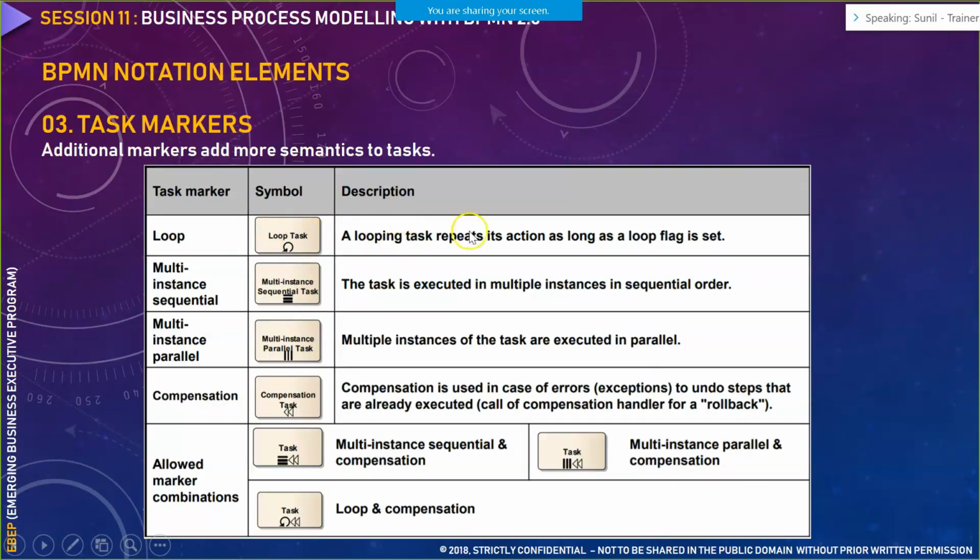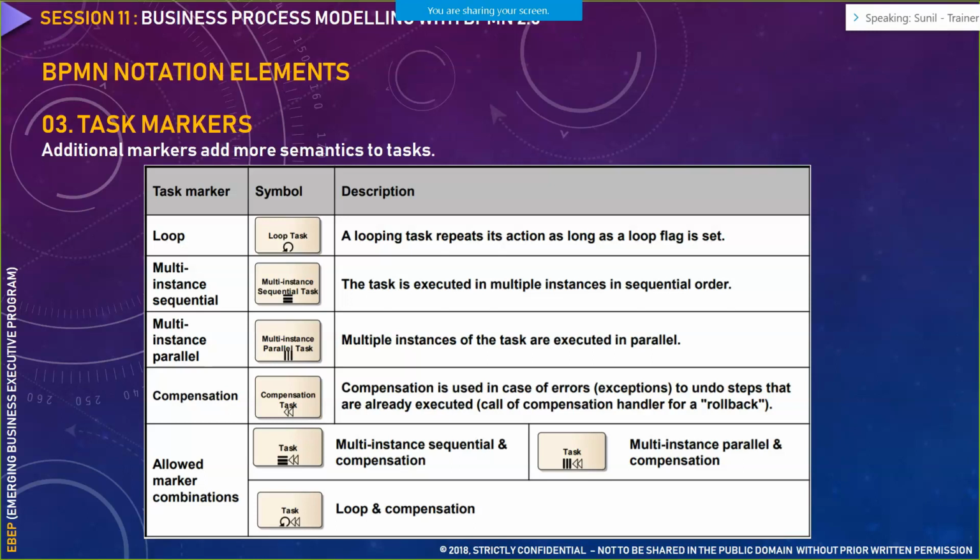Then comes loop task. A loop task repeats its action as long as the loop flag is set. So there could be a situation like we saw in an example wherein a hotel booking request has been sent to a chain of hotels. Then the hotel server started searching for that particular hotel, and if that request was not served by the hotel located nearby, it transferred that request to some other hotel which is a little bit farther than the location that the user has requested, but typically they fall under one particular hotel chain.